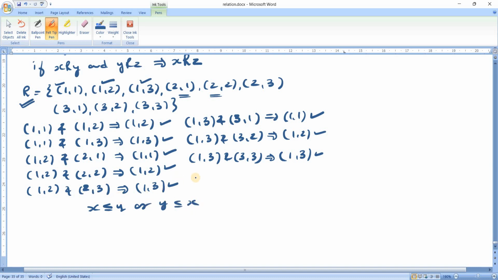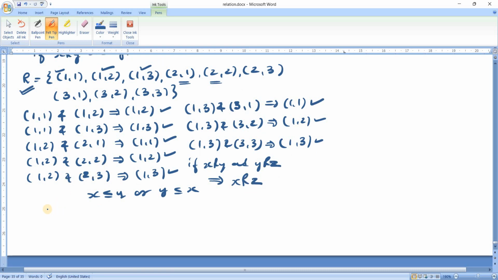So if x is related to y and y is related to z, we can have only a few conditions like x less than y and y less than z. So ultimately we will have x related to z. Either x will be less than z, or x will be equal to z, or x will be greater than z. So this is a transitive relation as well. So we will write: hence R is transitive.